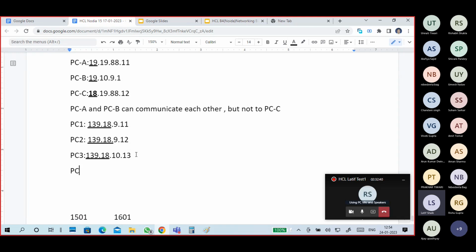I have another device, PC4, 139.19.9.14, and PC5, 140.138.18.9.15.